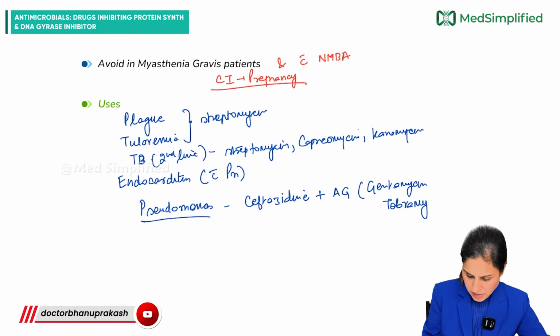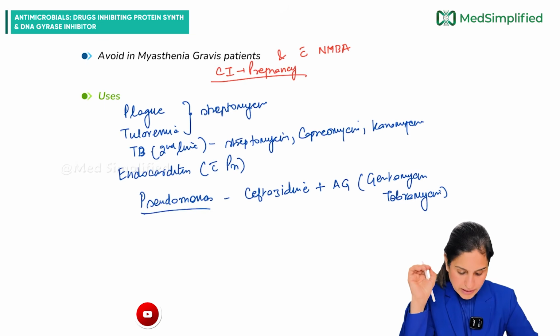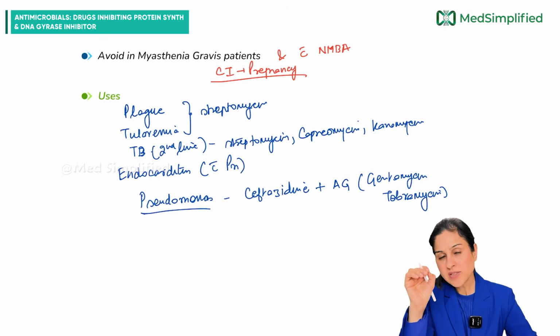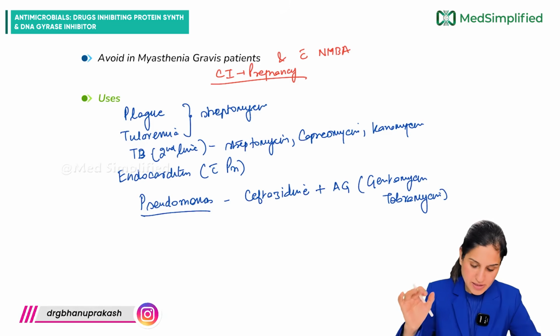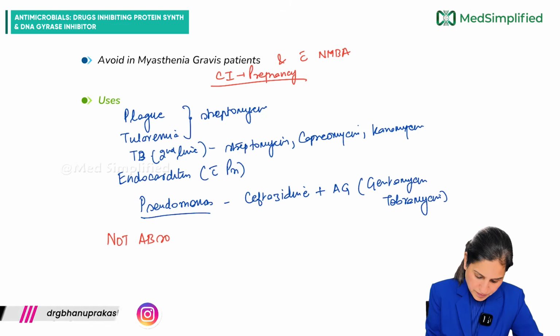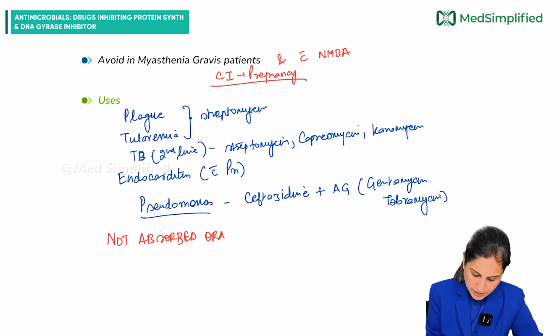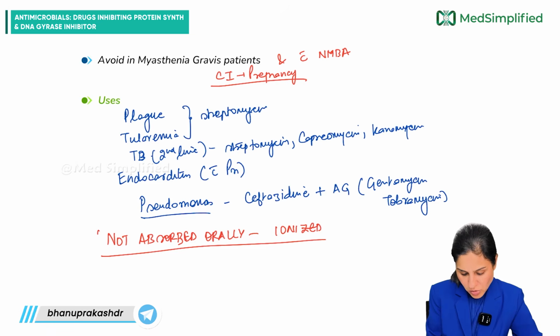Now, remember another important thing about this drug: if you give aminoglycosides orally, they tend to get ionized. Because of this, they are not absorbed orally, and you know that ionized fractions do not get absorbed.